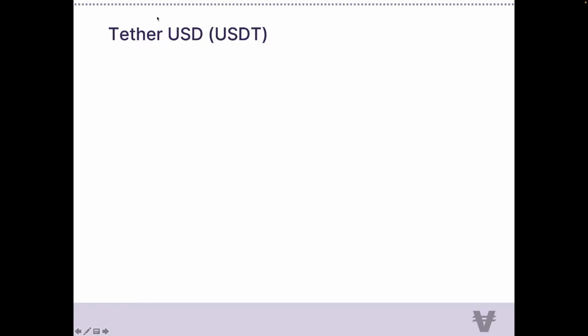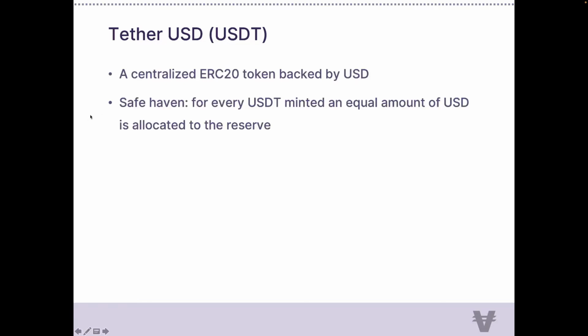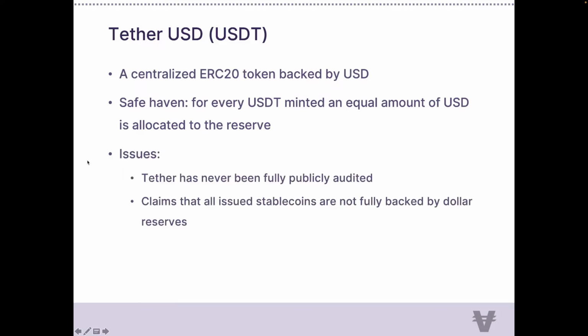Tether is, I think, a company based in Asia. It's a centralized ERC20 token backed by the US dollar. So it's considered a safe haven, as for every USDT minted, an equal amount of USD is allocated to the reserve. So it's quite simple, not so technical yet.